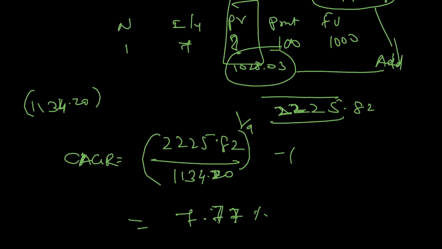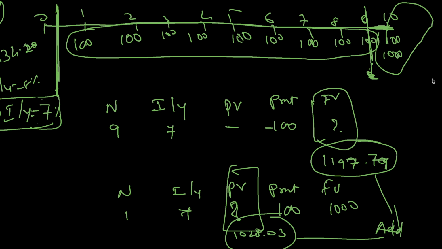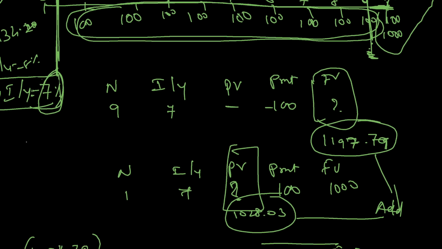7.77 percentage is lower than the initial IY of 8 percentage. So my interest rate came down to 7 percentage, and I reinvested for a long period at 7 percentage. So in this case, again, there are reinvestment risk and bond price risk.